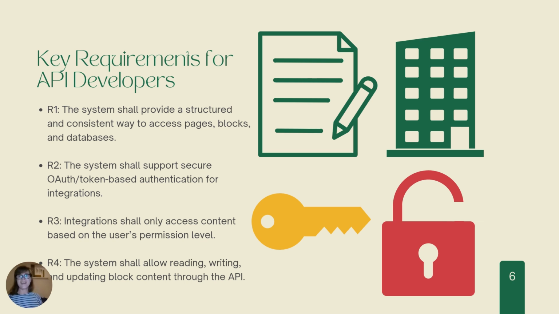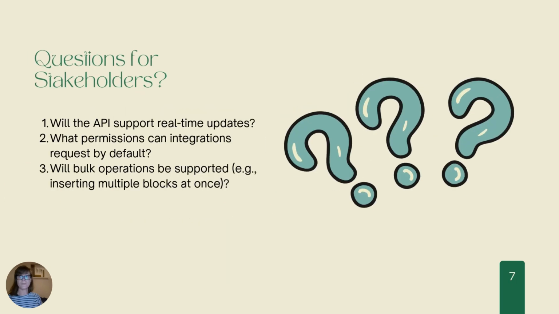Third, integrations can only reach the content that the user themselves is allowed to view, so permissions handling is built in. And finally, the API must allow external apps to read, create, and update block level content. These requirements define how we safely and consistently build on top of Notion.